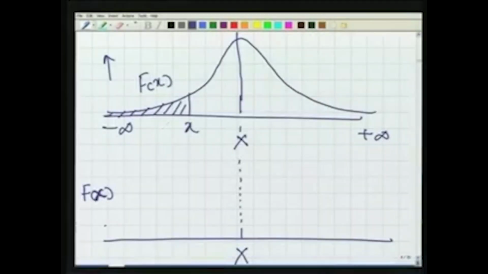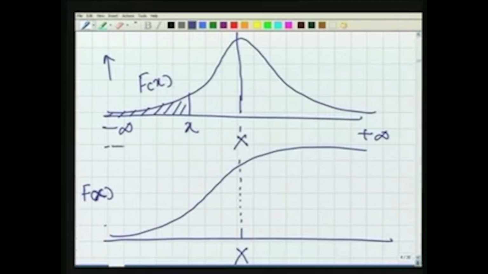If I plot this F(x) against this x here, what will we get? We will get a curve like this. Now, you can guess what the value of this total will be. This total should be 1. Why?